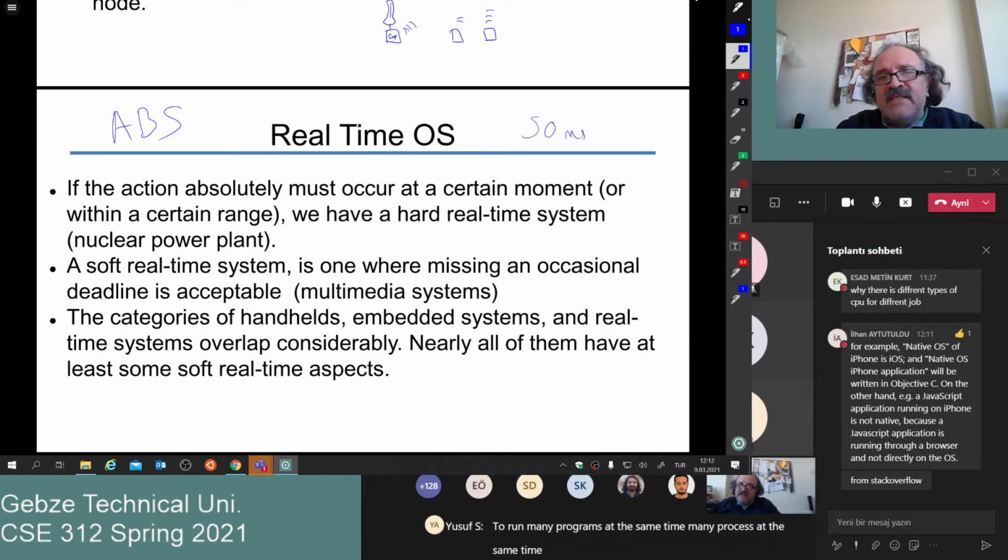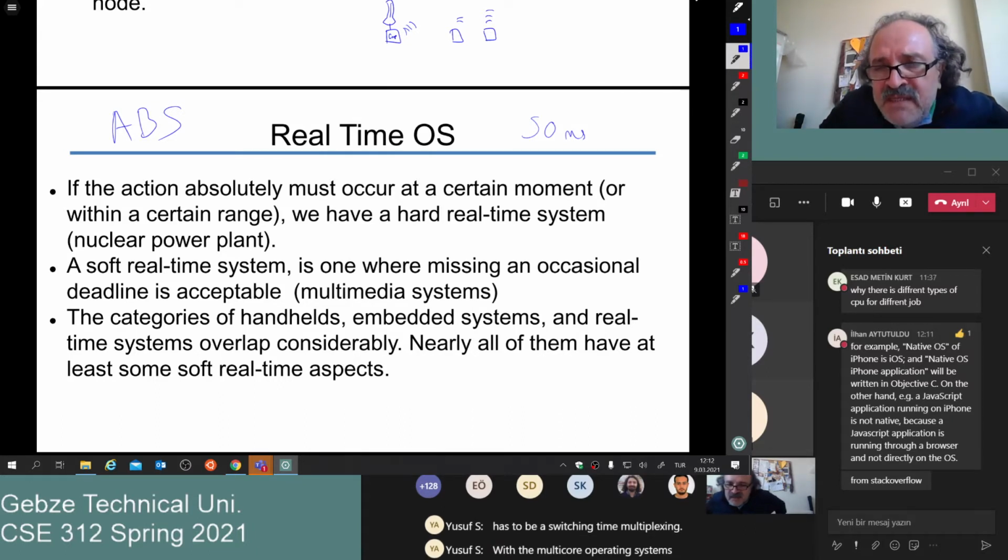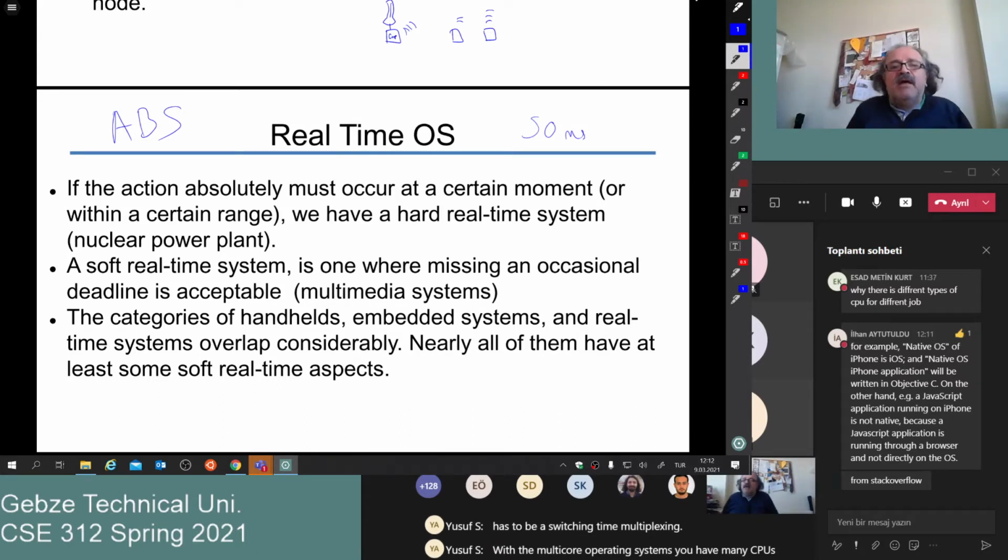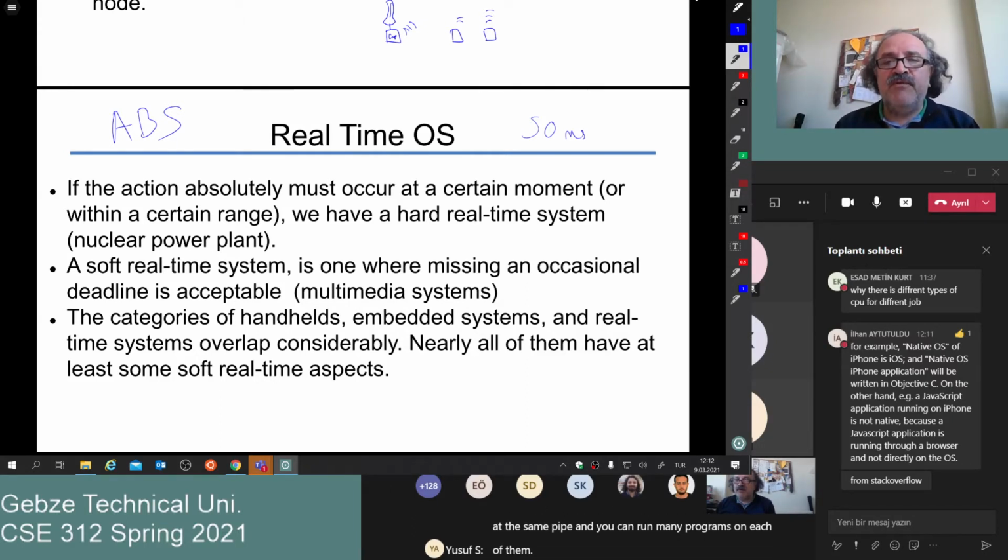Of course, it is not really at the same time. There has to be a switching, time multiplexing. With multi-core operating systems, you have many CPUs at the same time, and you can run many programs on each of them. So there is the problem of time and space multiplexing with the multi-cores.